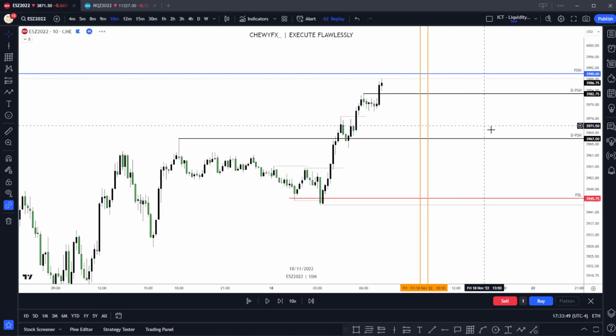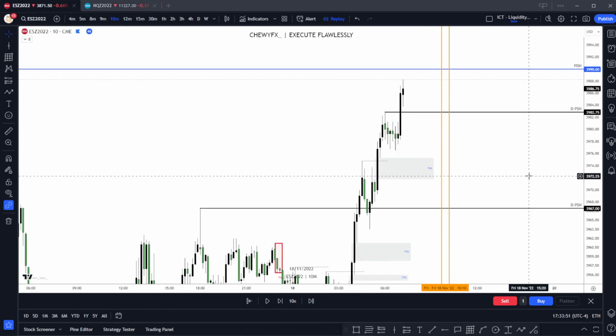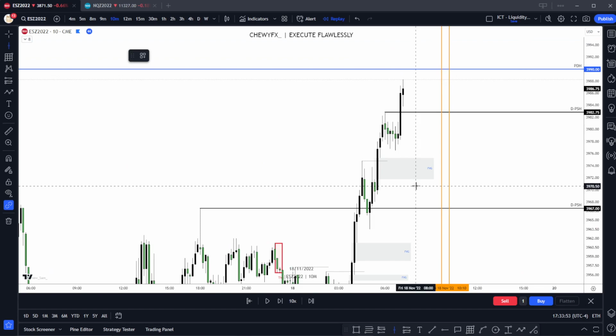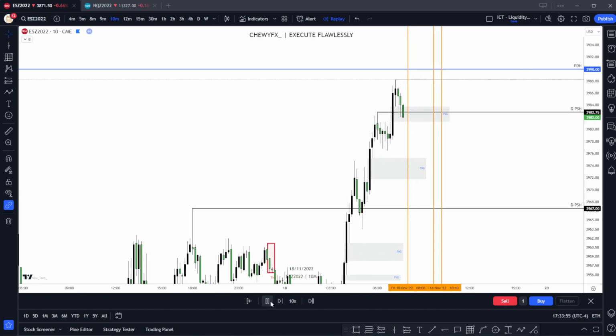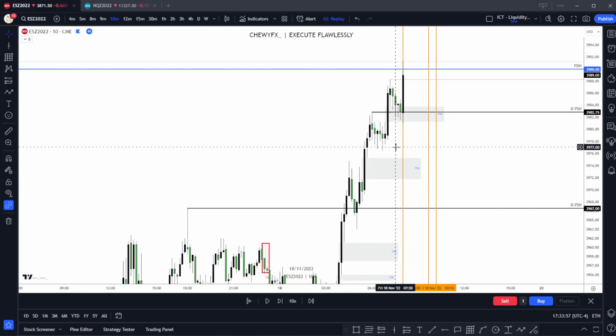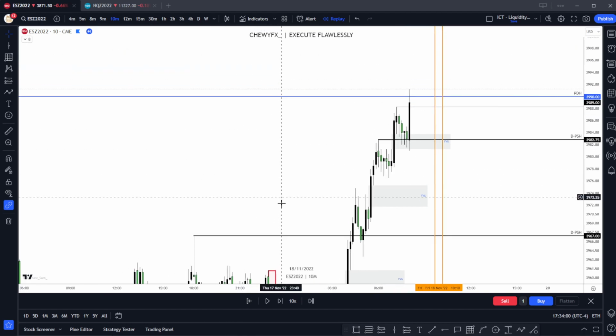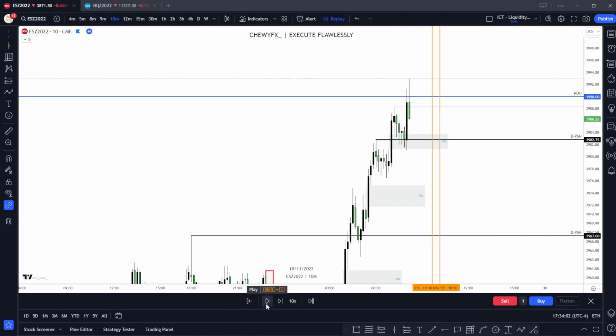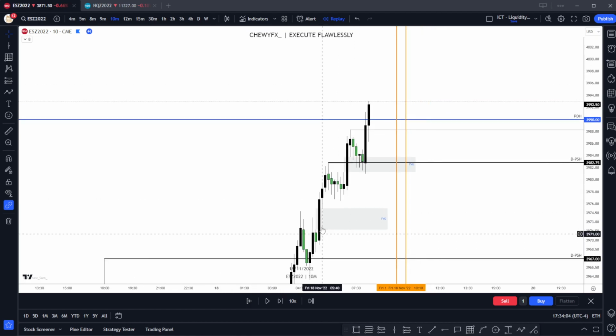Awesome. Let's go on a 10-minute time frame here. We don't start trading till there. So let's move up a little bit. Okay, so we can see that we swept the previous day high.